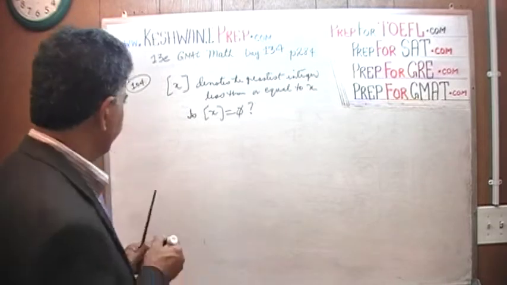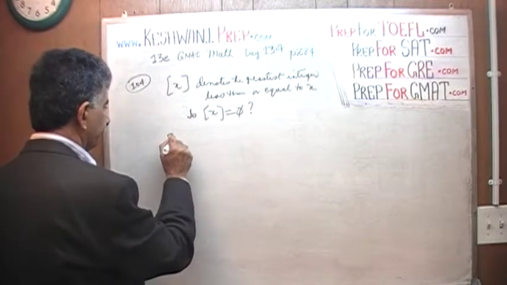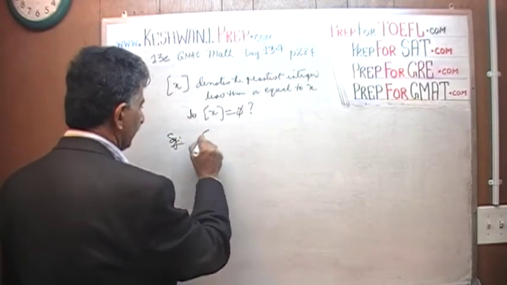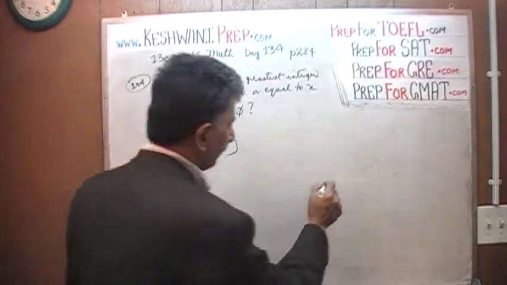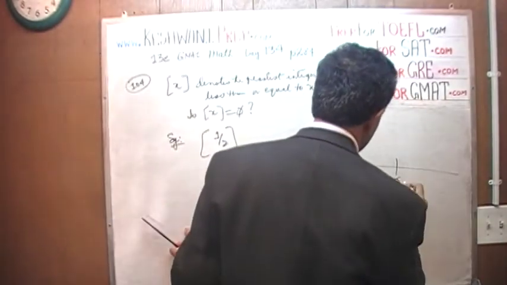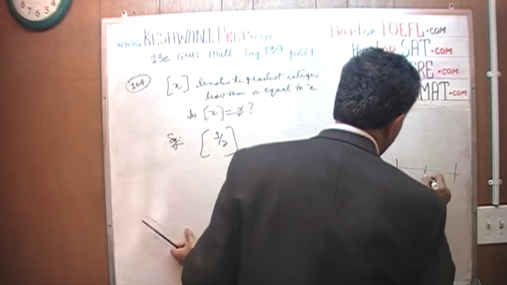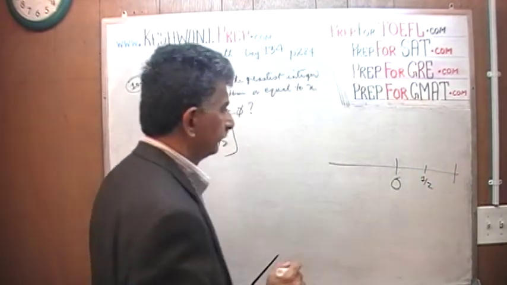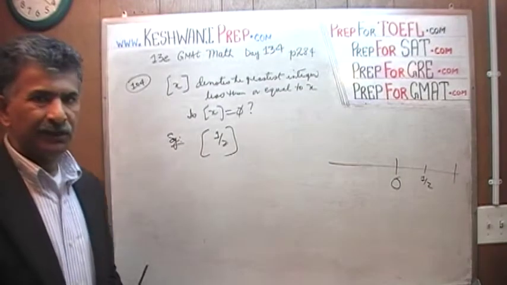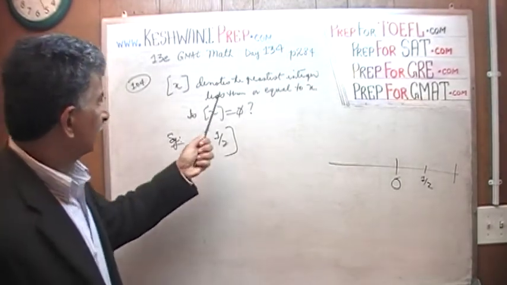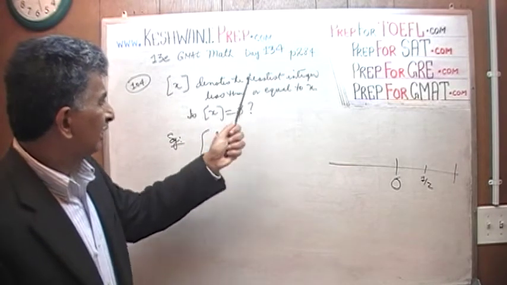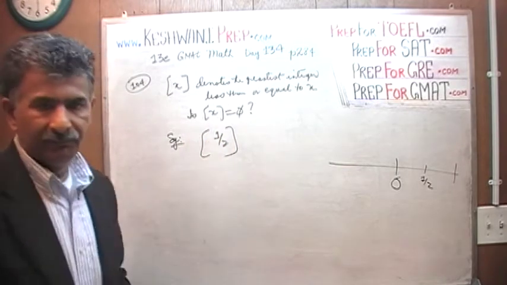For example, what is the answer to this guy? Half. Here's our 0. Here is our half. What is the greatest integer that we can think of? X in the box denotes the greatest integer that is less than half.